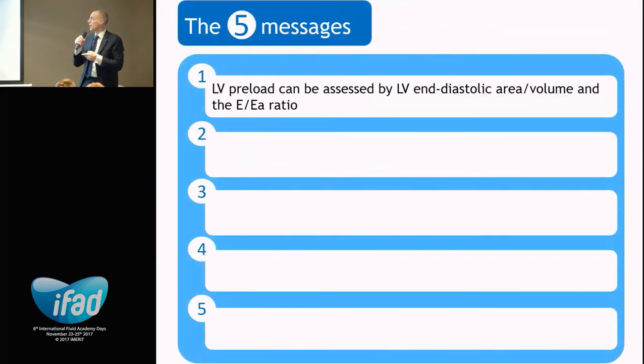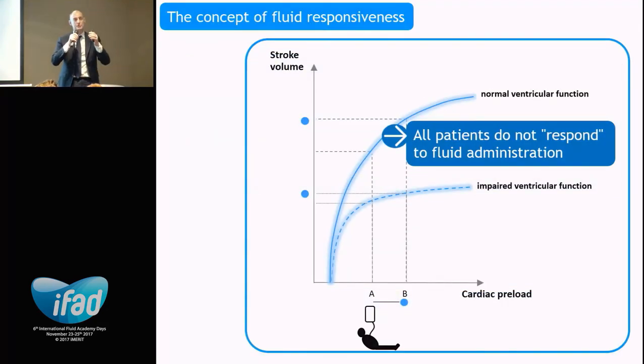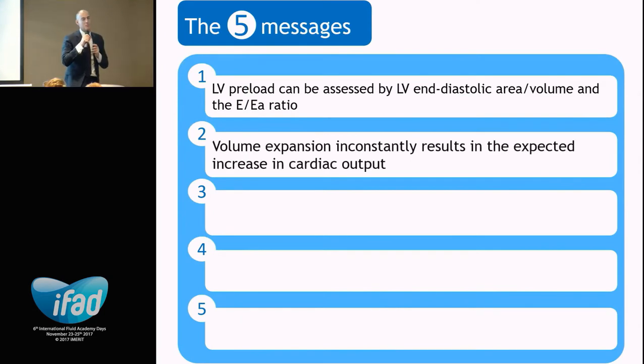One says all patients do not respond to fluid administration. That's always something very important to bear in mind because, if you don't try to predict what's going to happen, only half of your patients will respond to your fluid administration by an increase in cardiac output.